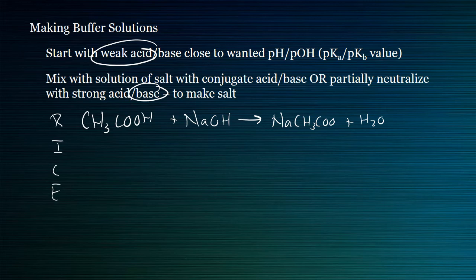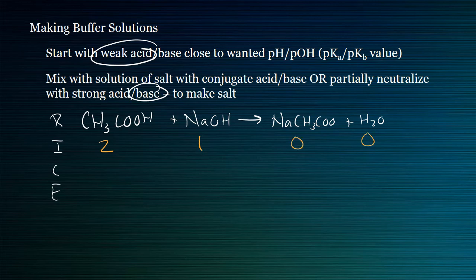All right. So what you want to do is create a mole ratio. You need to have twice as much weak acid or base than you have strong. I cannot stress that enough. You need to have twice the amount of your weak acid or weak base as your strong. So I'm showing your mole ratios.